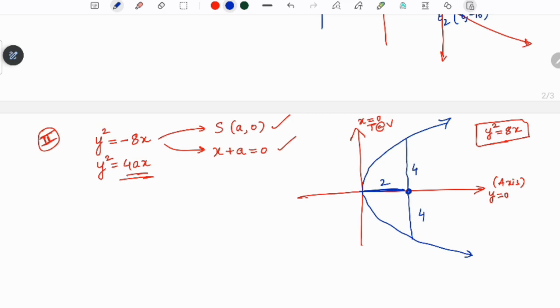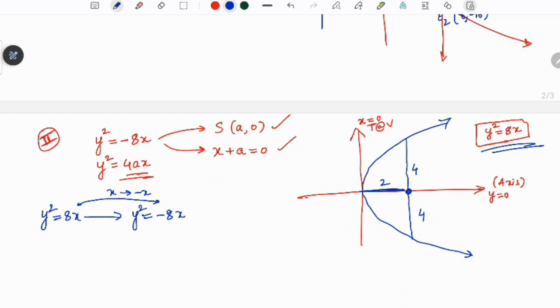Since luckily you have studied transformation of graphs in the functions chapter, how to draw y squared equals minus 8x? See, this is y squared equals 8x. If you want to draw y squared equals minus 8x, what is the transformation that is happening? In here, x is there, no? x became minus x.